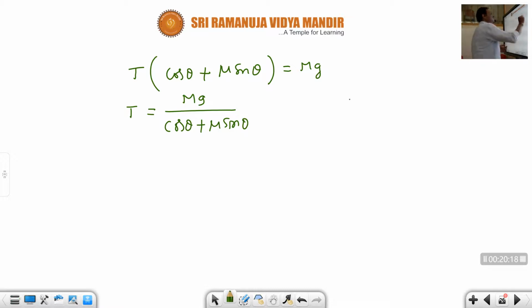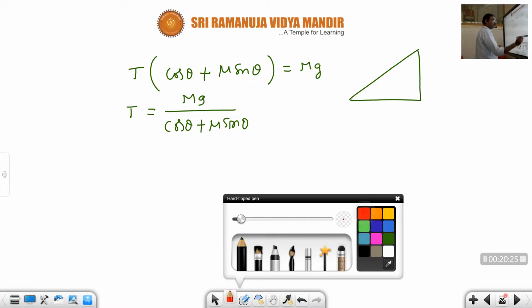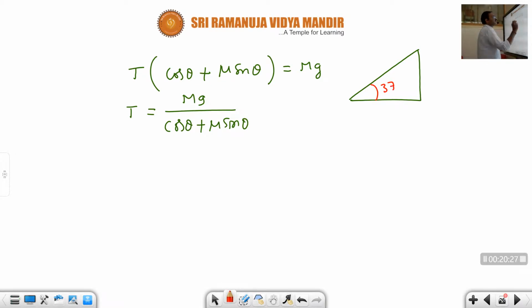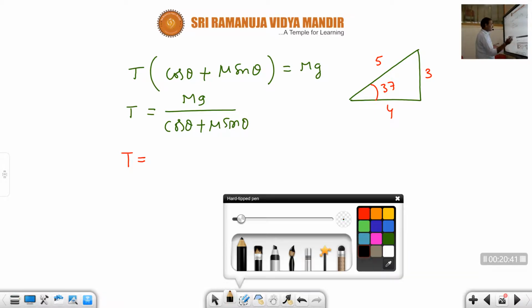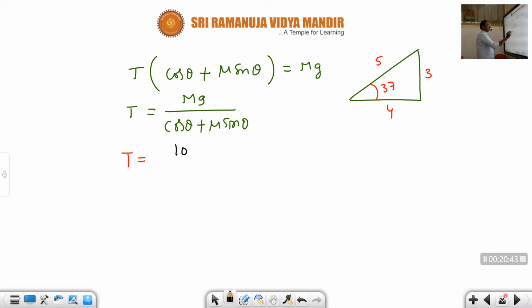Here it is given as a 37 degree angle. If you go through the triangle with 37, this is 3, this is 4 and this is 5. Let us substitute all the values given. Tension T is equal to m, and M is 100 kg given.